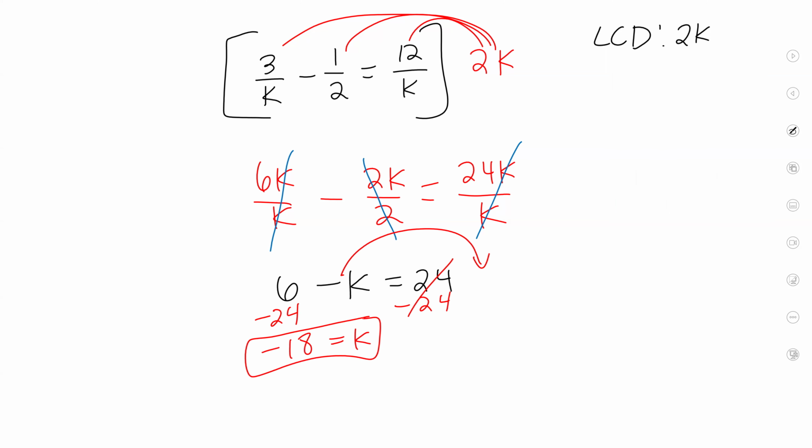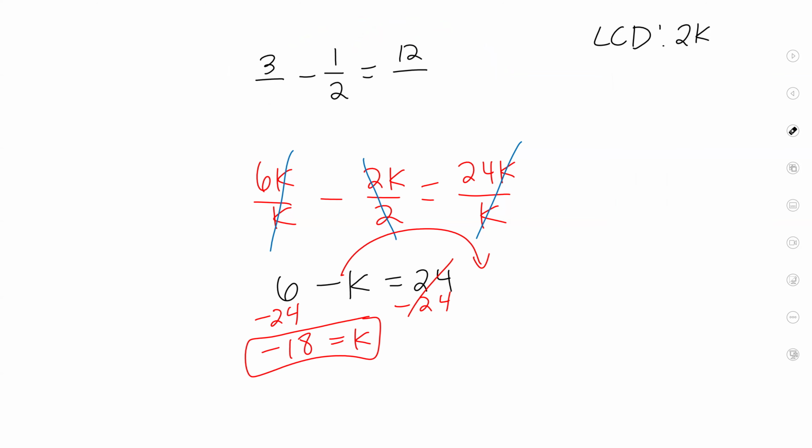Now you need to check. So guys, I'm going to go back to the original problem and plug in negative 18. All right, guys, what do I need to multiply 2 by to get to negative 18? A negative 9. Okay, so then this becomes, I still have 3 over negative 18.